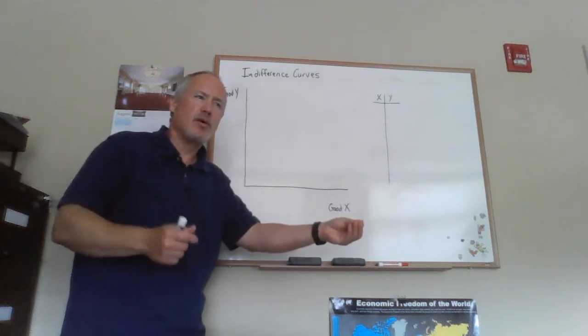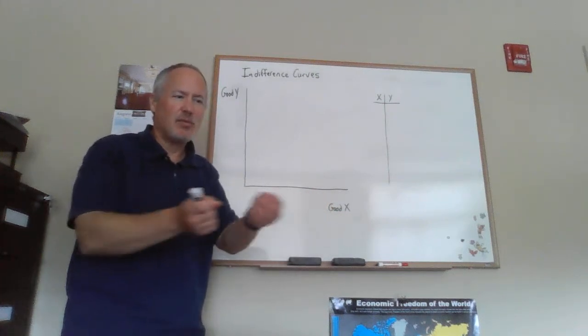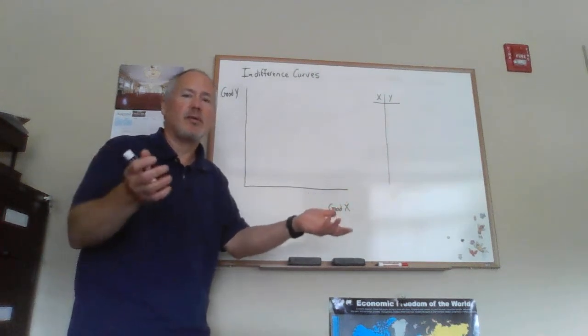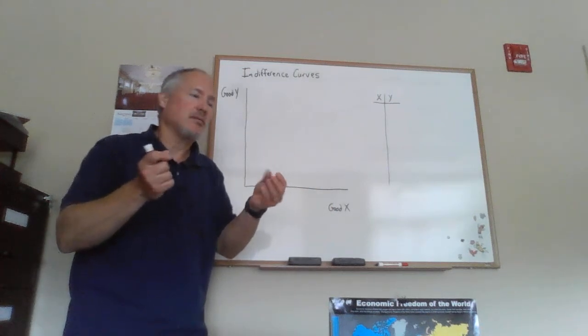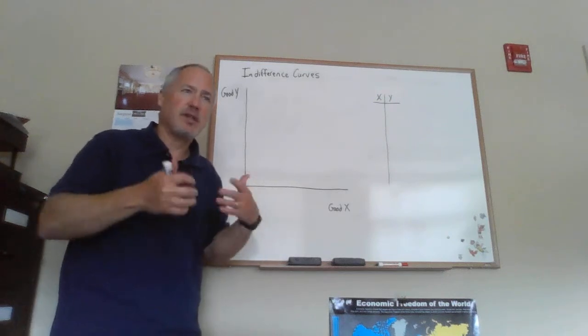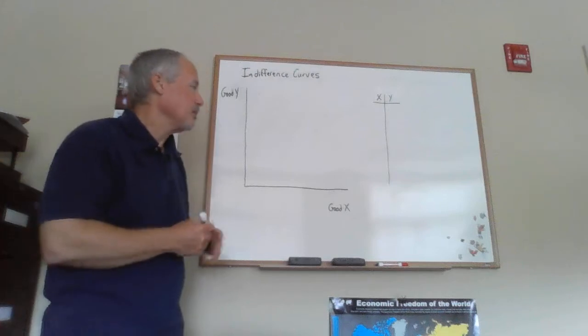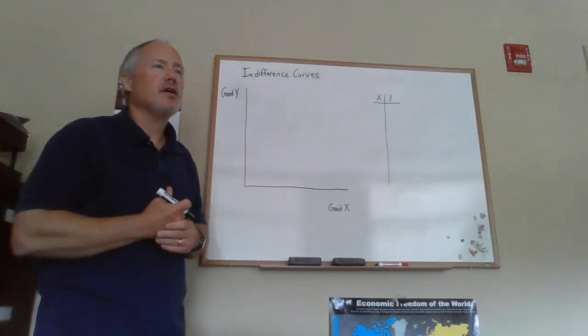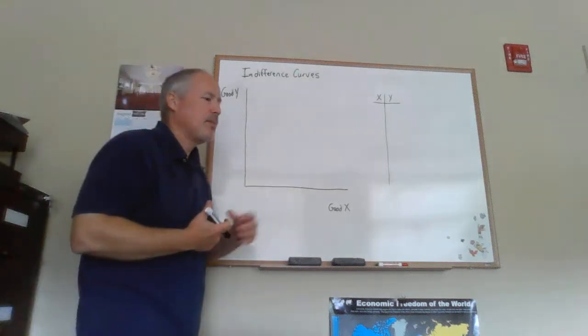You could give them one bundle or the other, and they can't see a dime's worth of difference between them. In their mind, they evaluate these bundles to be equivalent. They would give them an equivalent amount of satisfaction, happiness, or the term that we use in economics, utility.